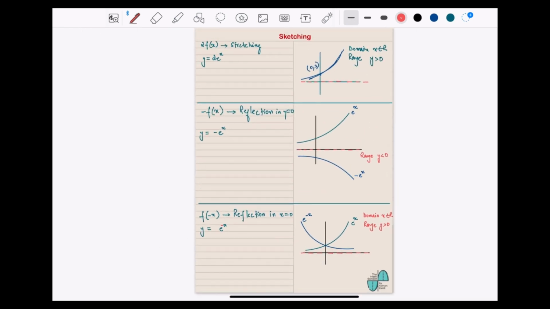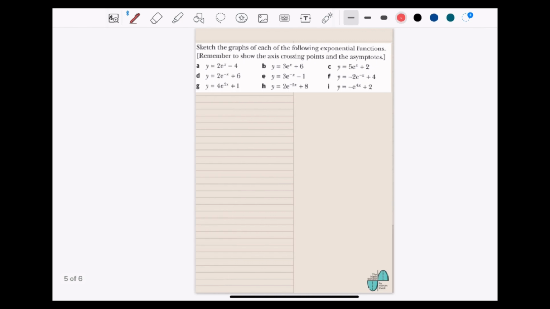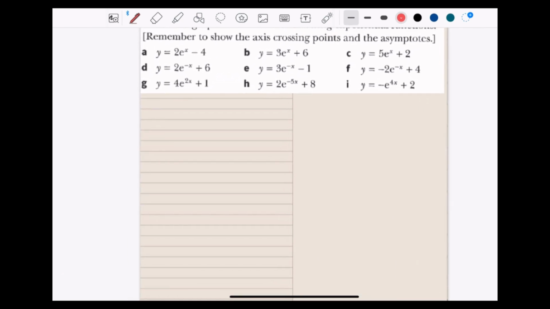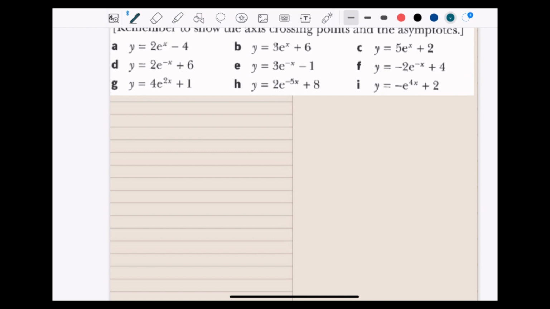Okay, now let's look at some example questions and see how they fit in the context of our original lecture. Take example a, y equals 2e to the power of x minus 4.